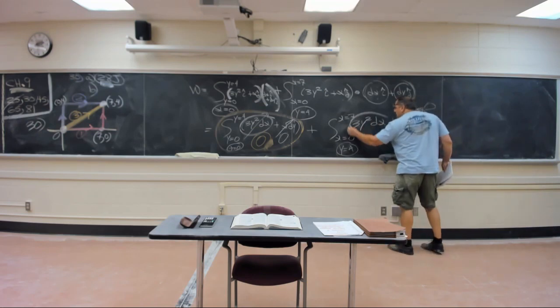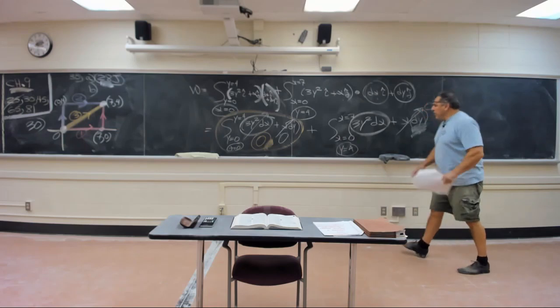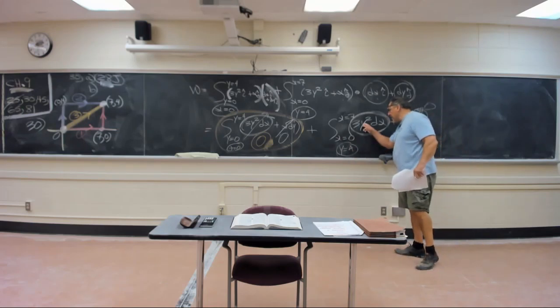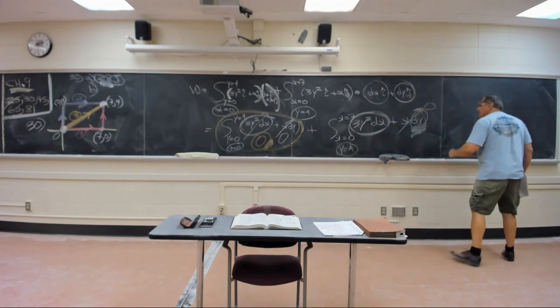This guy does have significance. You're going to put y equals 4 right here. 4 squared is 16 times 3 is 48.